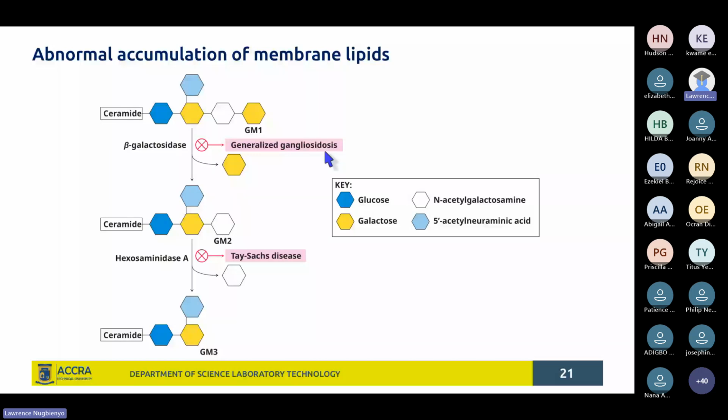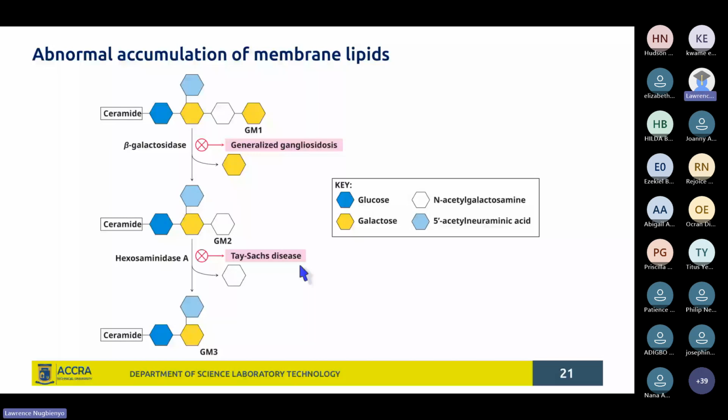Similarly, if hexosaminidase A is deficient, you have Tay-Sachs disease. These are neurodegenerative disorders causing intellectual disability and mental disorders.